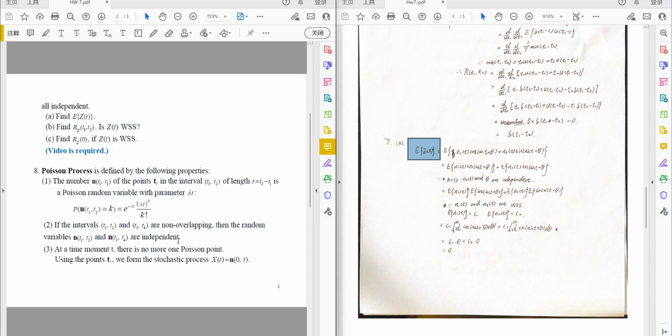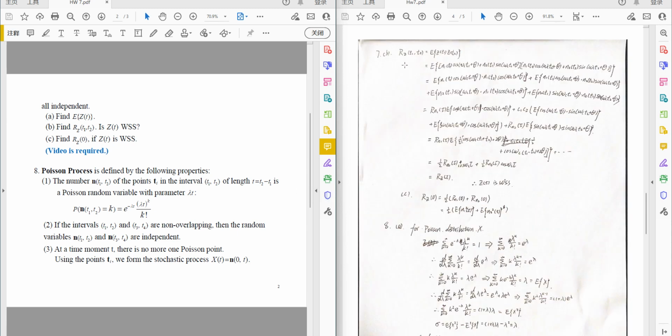Okay, the second question is we need to find the R_Z and find out if Z(t) is WSS. In this question, we just express R_Z by the definition. So R_Z is equal to the expectation of Z(t1) times Z(t2).